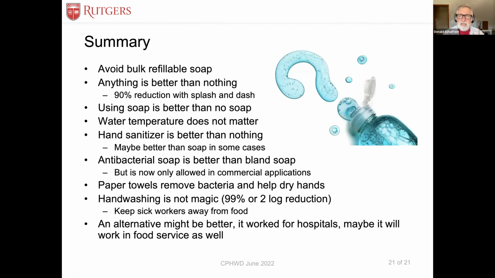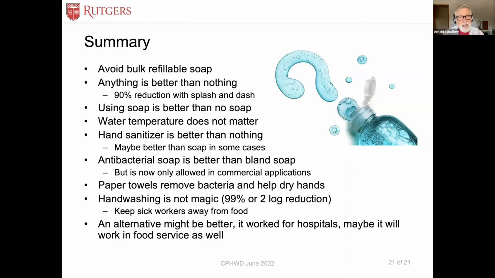Those things are nasty, and so I encourage you to not use those products. Or if you do use them, realize that about 15% of the time you may be actually adding bacteria onto your hands. Also, I think this is a message that might be somewhat controversial. Anything is better than nothing, right?